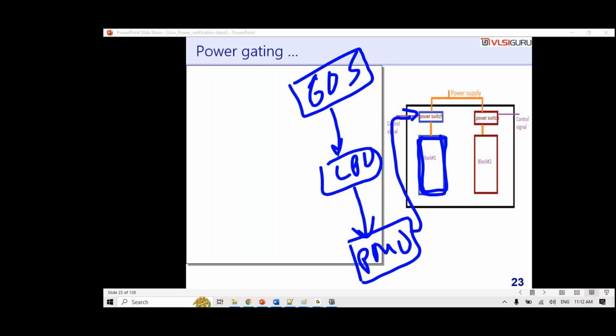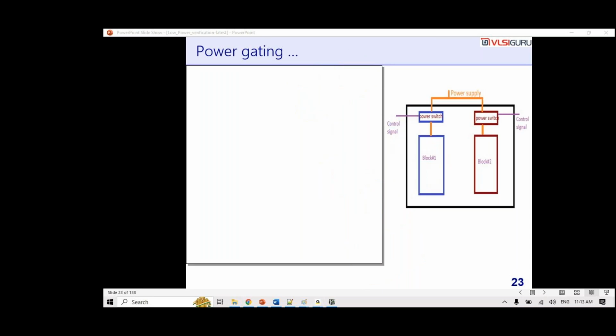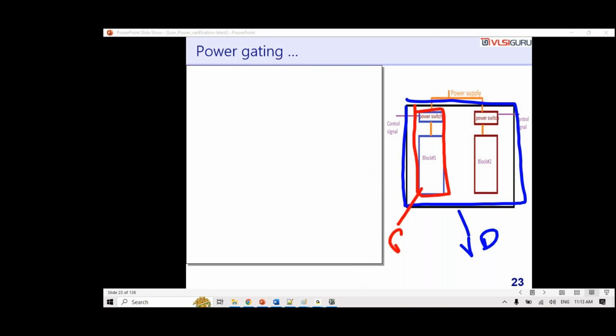Okay, thank you. Now, if you look at this diagram, this black box, I'll call it a voltage domain. Power domain 1. What is a voltage domain here?